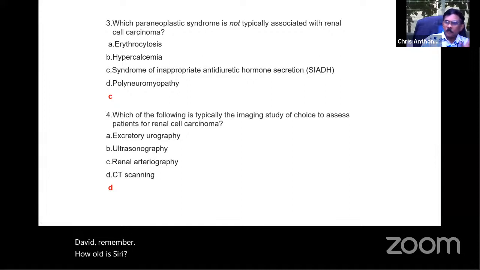These are the 3 preliminary tests, and CT scan, apart from diagnosis, can also be used for staging. In staging, you give contrast, CECT, contrast enhanced CT scan. Then you can find out the stage of the disease. So CT scan for diagnosis, for biopsy, as well as for staging.